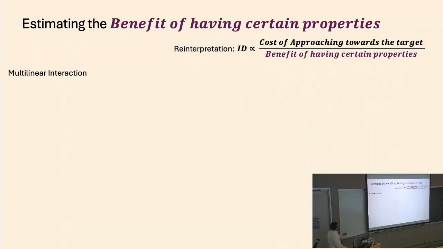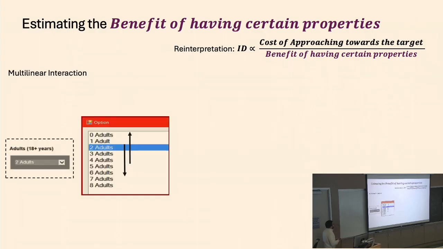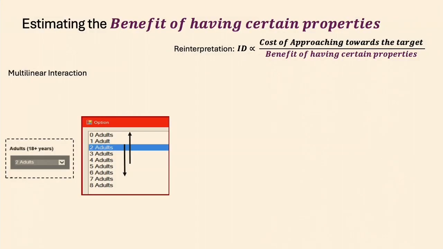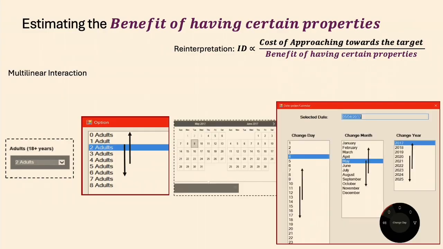Let's focus on the benefits of having certain properties. I'll start with some intuition. On the left, you can see the standard UI of a drop-down, and on the right-hand side, we are restructuring that same layout, but linearly. Another layout is a calendar, a two-dimensional widget, and we can restructure it into 3 linear lines. Why? Because if it's linear, we can use a knob, a one-dimensional rotation, to move through different items.